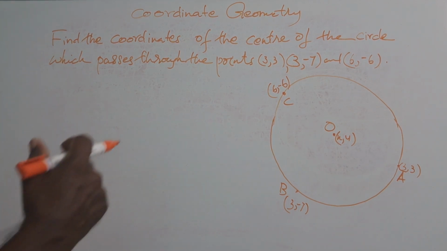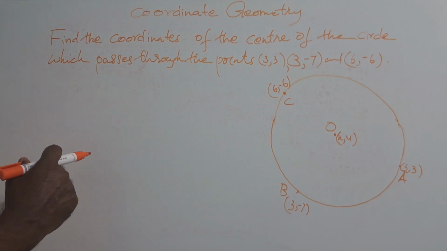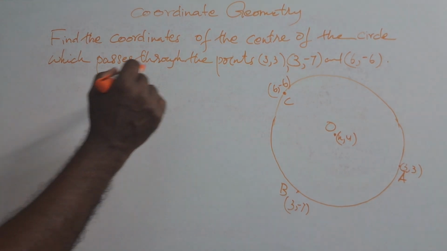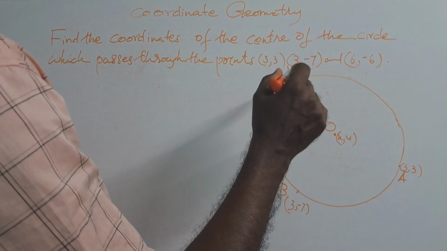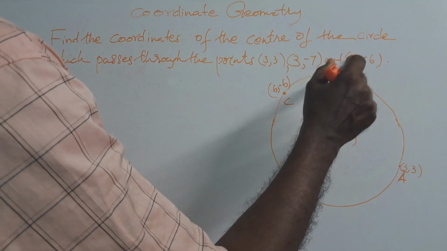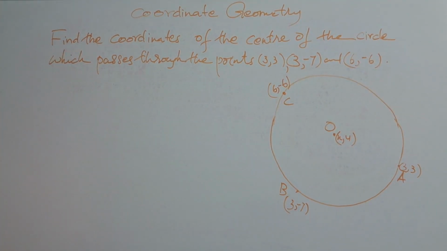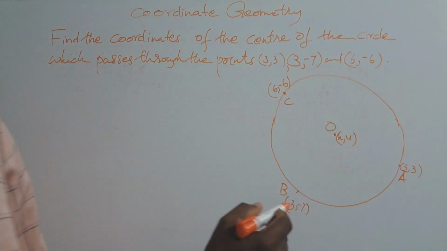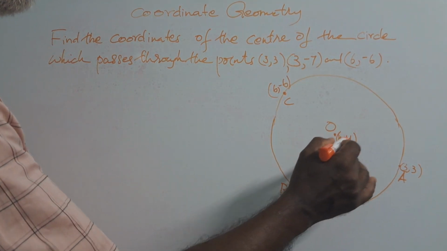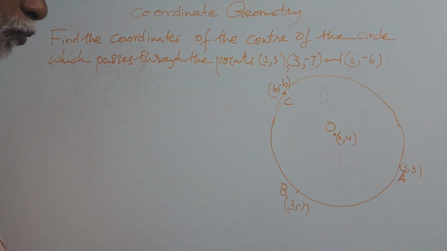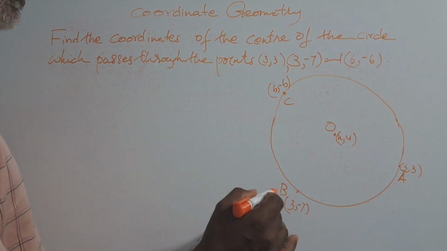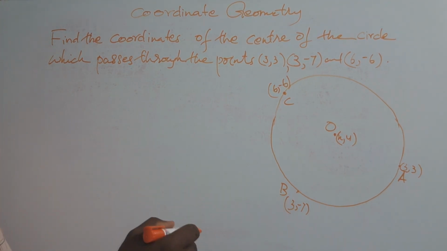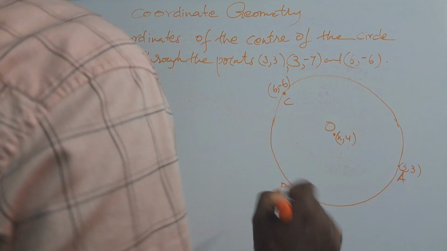Find the coordinates of the center of the circle which passes through the points (3, 3), (3, -7) and (6, -6). Let the center of the circle be O with coordinates (x, y). We are given the coordinates of 3 points on the circle.